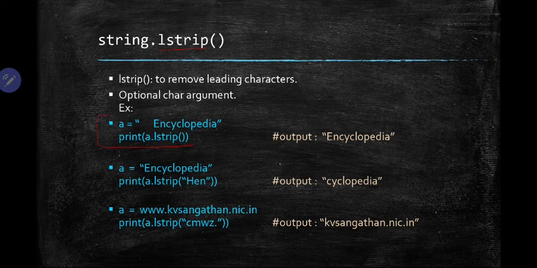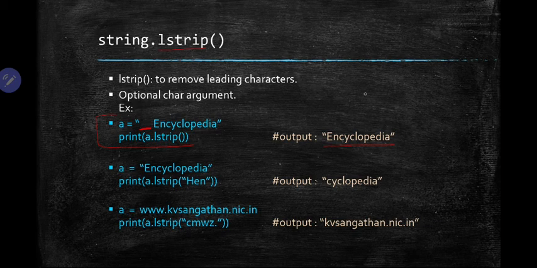Check this example. In string A we have encyclopedia written, and before that there are 2 or 3 spaces over here. And when I use a dot lstrip, all these leading spaces will be removed and the output will be encyclopedia without any space in the beginning.